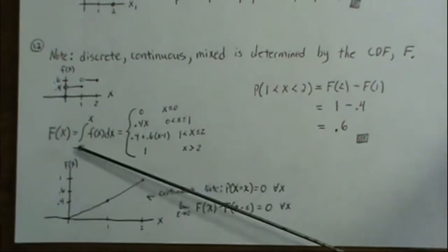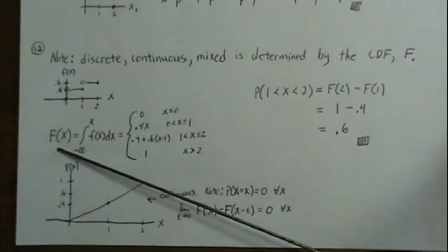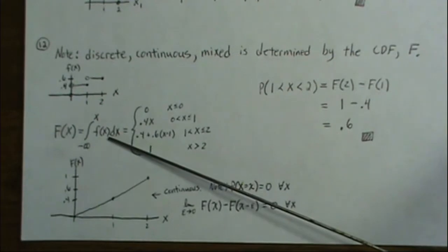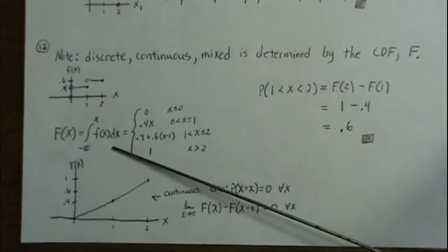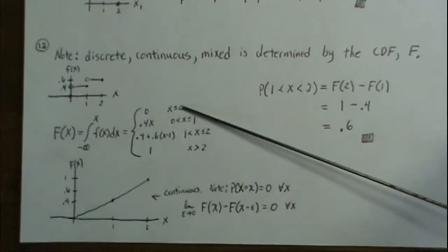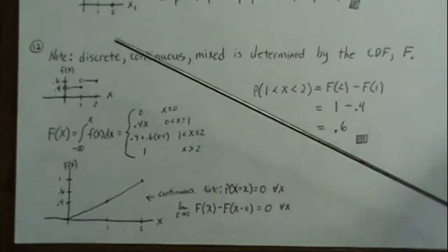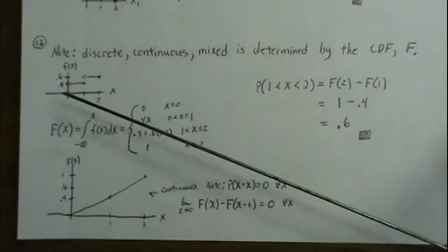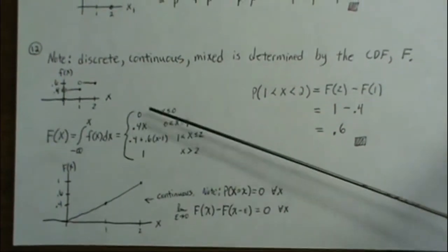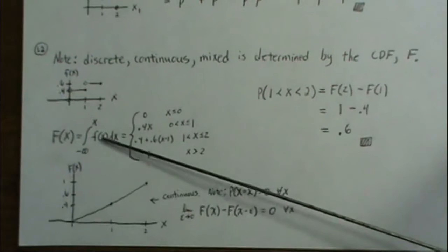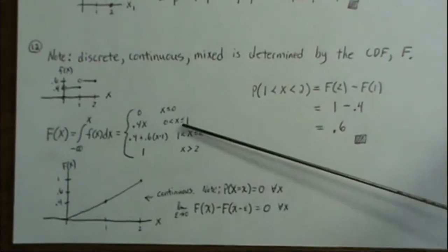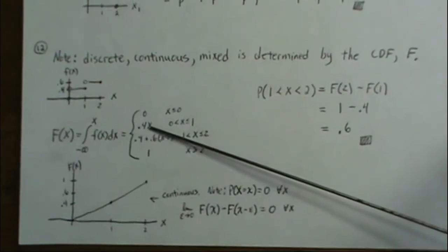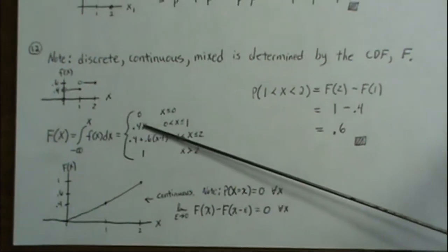We're just going to look at the CDF, or the cumulative distribution function. So if we go from infinity to x of our density, d of x, now if it's less than 0, now pretty key to this, and includes 0, it's 0. And then when we integrate this function, which they provide, over 0 to 1, it's 0.4x, so it kind of increases.